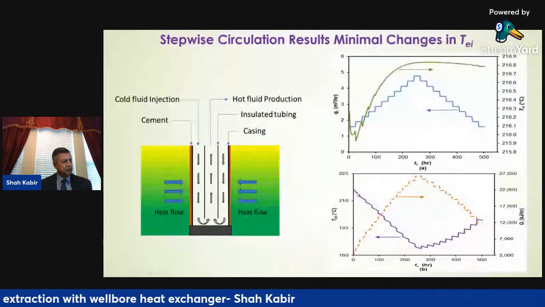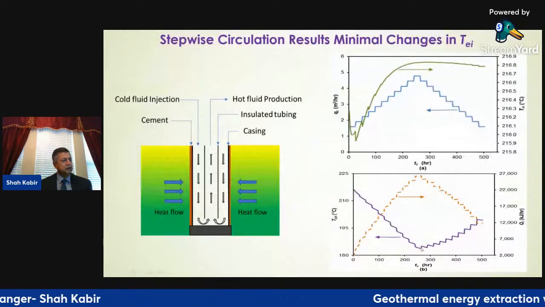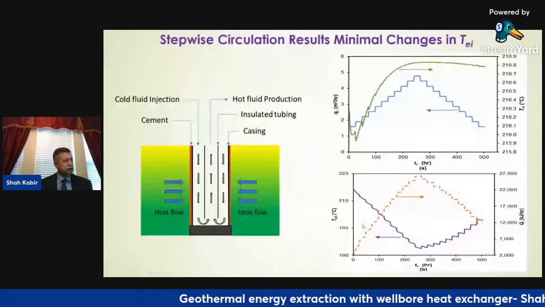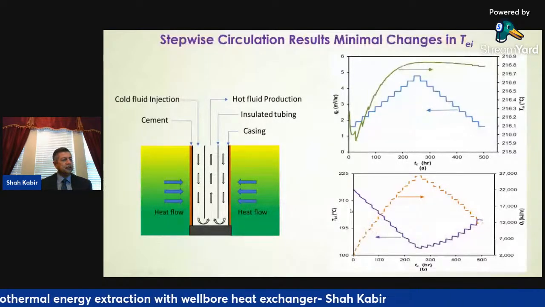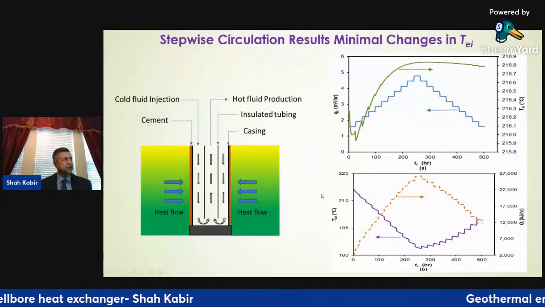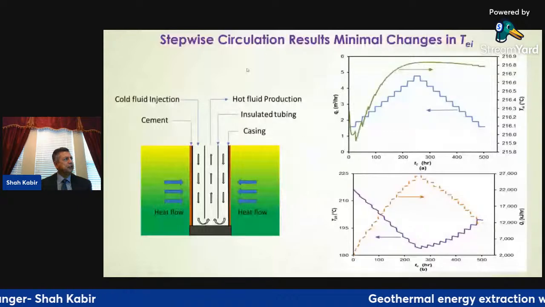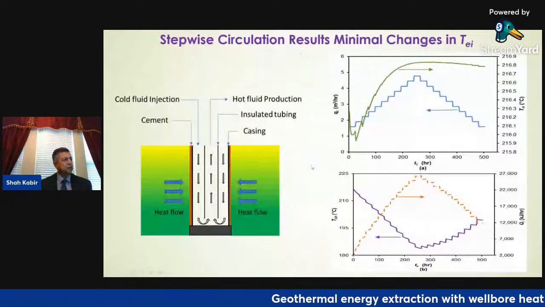And this is the bottom hole temperature that's occurring in the system. So it's a tentative solution. It doesn't look that bad, at least when we did this study. So we call it the stepwise circulation outcome.